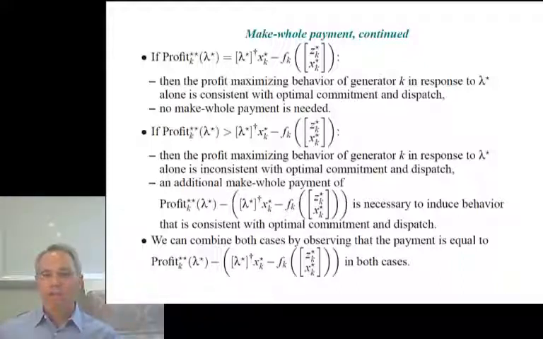And we can combine both of these cases by observing that the payment is equal to the difference between the maximum profit and the profit that we would get under ISO dispatch in both cases.